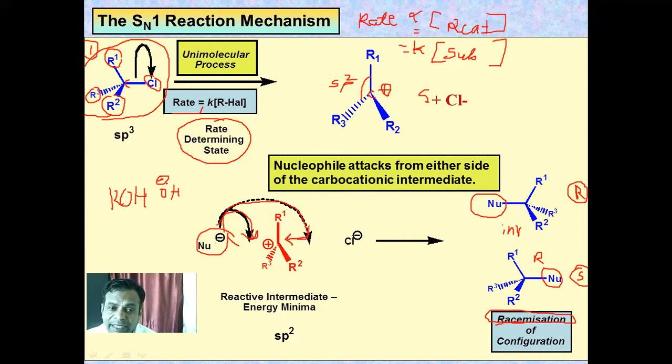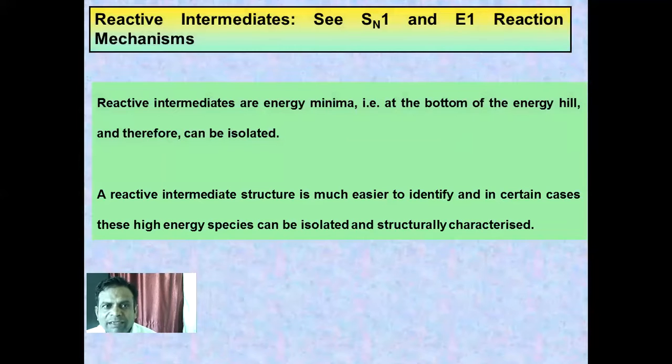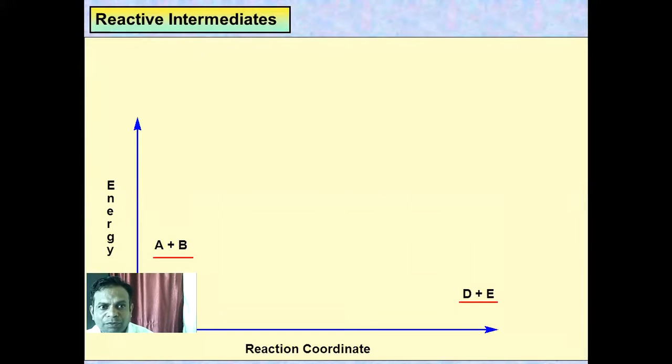If OH minus acts as a nucleophile, then this is a nucleophilic substitution. And if OH minus acts as a base, then it undergoes elimination reaction. So that is important. This is not part of our syllabus, but just you can remember, if it acts as a nucleophile, then nucleophilic substitution reaction takes place.